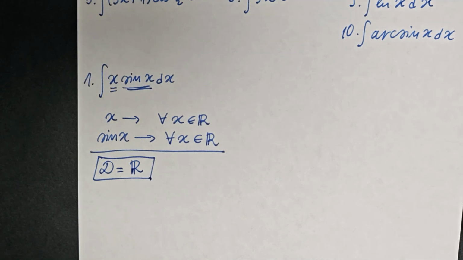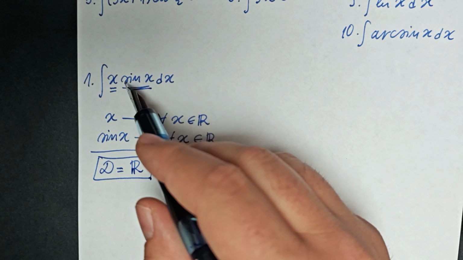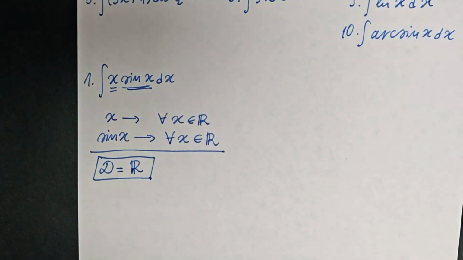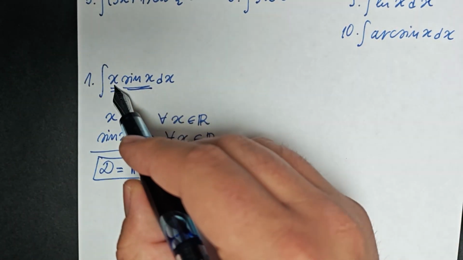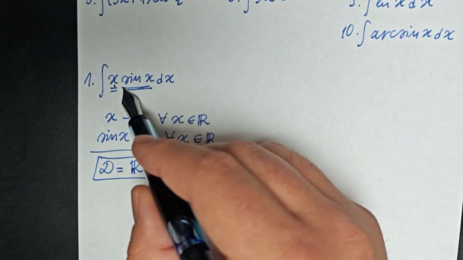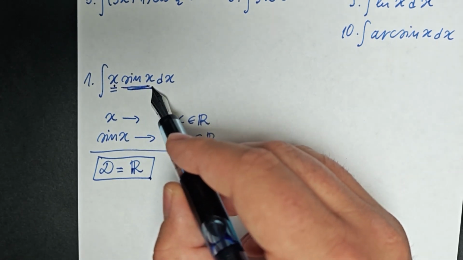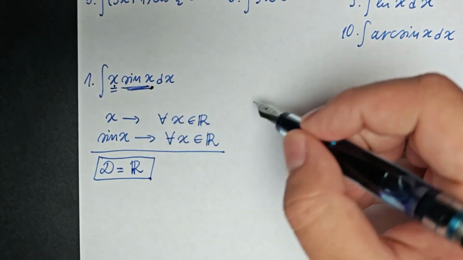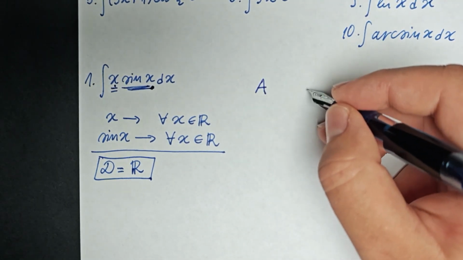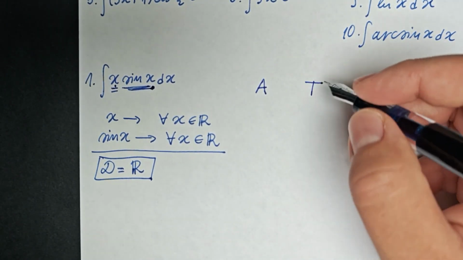Now the second step is to solve the integral. We have x multiplied by sine x dx. We can use our LAIATE trick here. We have x, which is algebraic. We have sine of x, which is trigonometrical. Now, algebraic comes before trigonometric.